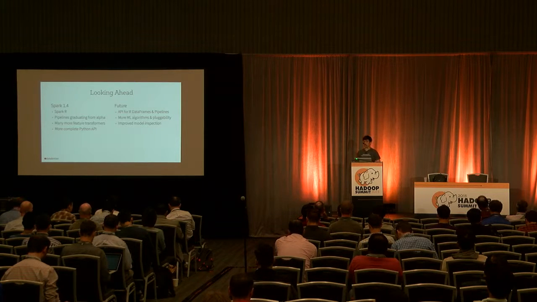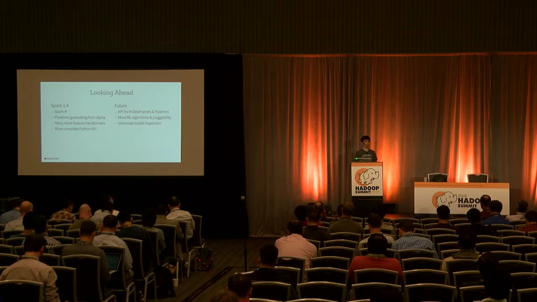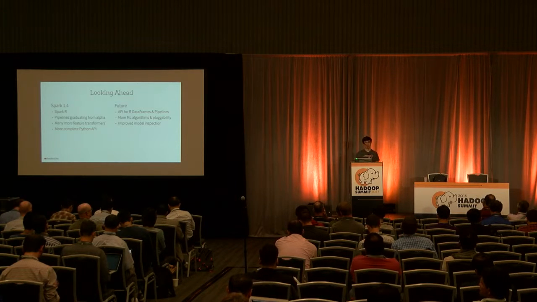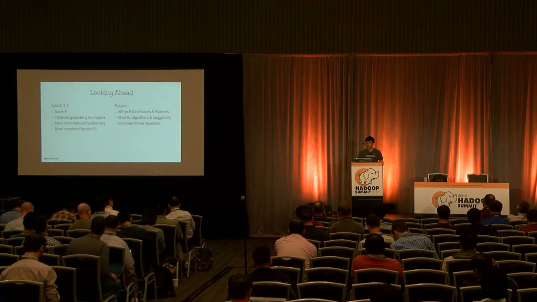We also are working with some other partners to add improved model inspection, where, for example, R has a great summary of models. If you display the models, you can get both a text summary of how well they did, and also some great visuals, which basically give you a good sense of whether you're training the right model or not.